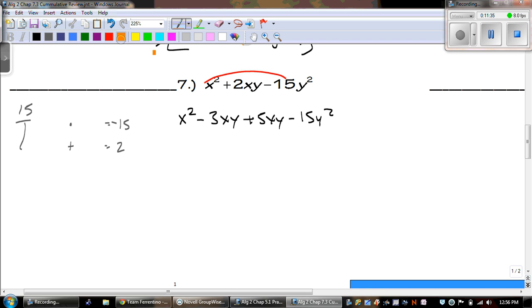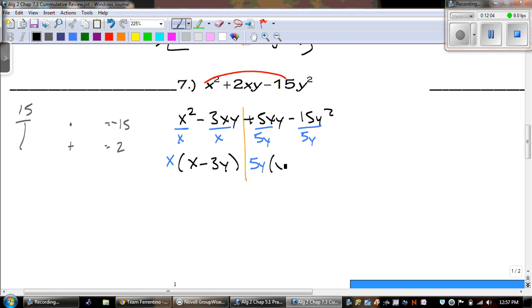Okay? I'm going to do splitting the middle term. Draw the line down the middle. Factor out the first group. The only thing we can take out is an x. The x comes out front, and we're left with x minus 3y. And in the back, we can factor out 5, but we can also factor out a y.